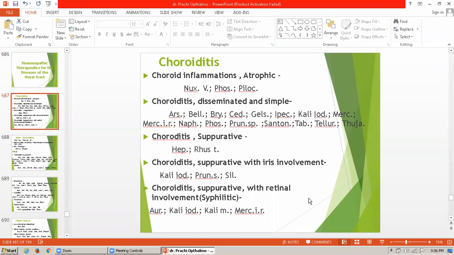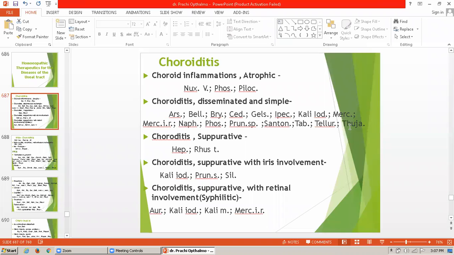In that, firstly, when there is a choroid inflammation that is atrophic, Nux vomica, Phosphorus, and Pulsatilla are useful. For choroiditis, when it is disseminated and simple, Arsenicum album, Belladonna, Bryonia alba, Citron, Gelsemium, Ipecac, Kali iodatum, Mercurius, Mercurius iodatus ruber, Naphthalene, Phosphorus, Prunus spinosa, Santal, Tellurium, and Thuja are used.